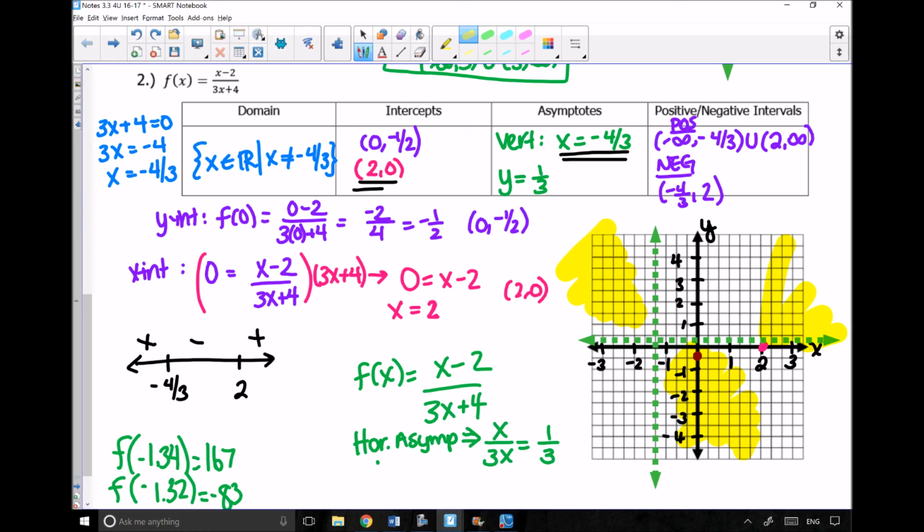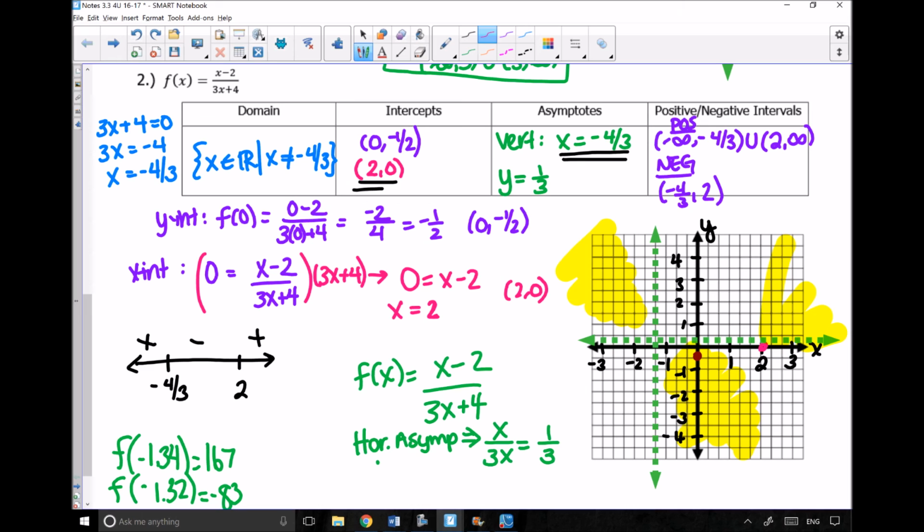So I've also figured out that my graph is going to be going up over here, and then it's going to be going to negative infinity over here. So it's technically going up because it's increasing from negative infinity from here. Now that I figured all that information out, I can draw my sketch.